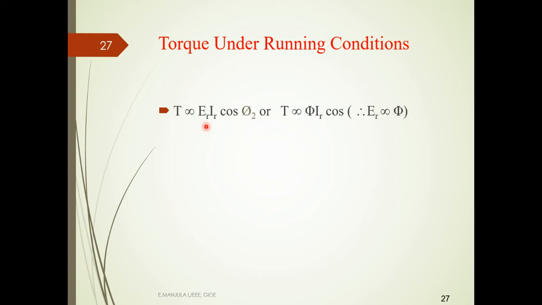Therefore, the torque is directly proportional to E2 I2 cos phi 2. Here it is in running condition, so it is ER IR cos phi R, as ER is directly proportional to flux.